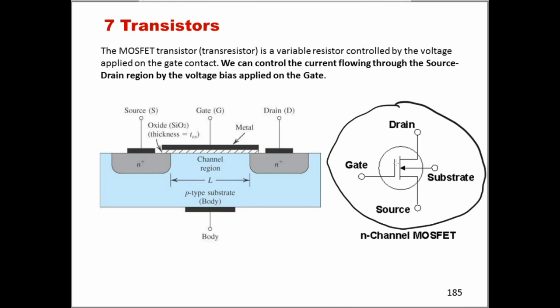So what we've just said is that effectively the current passing through the channel is controlled by the potential we apply on the gate. So IDS is controlled by VG. So the parameter that we are controlling here is IDS, and the controlling parameter is VG.